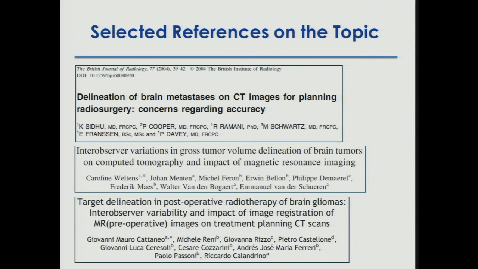And just as a side note, if you have one of these anthropomorphic head phantoms from a CyberKnife or otherwise lying around, and you have this hidden target, take a CT and make your resident or your physician, if they're up for it, contour that well-known target where you know the volume. I promise my residents a bar of chocolate for the resident who comes closest to the actual volume.